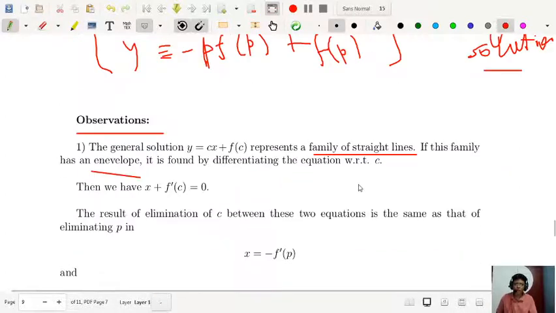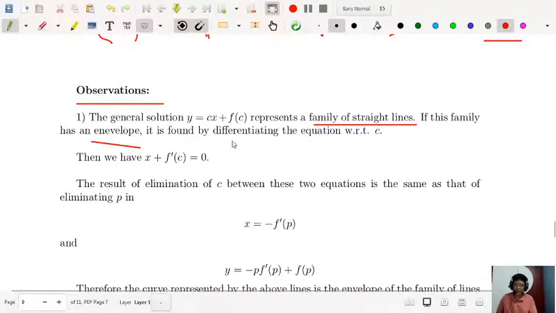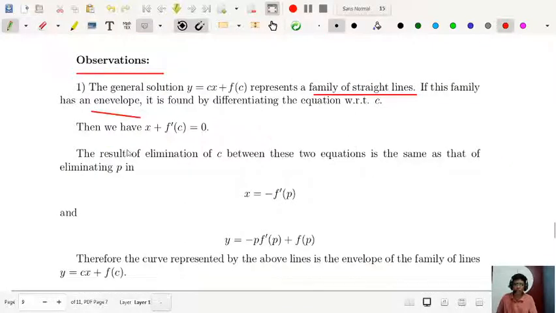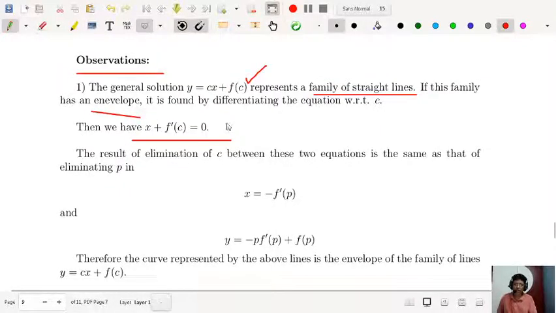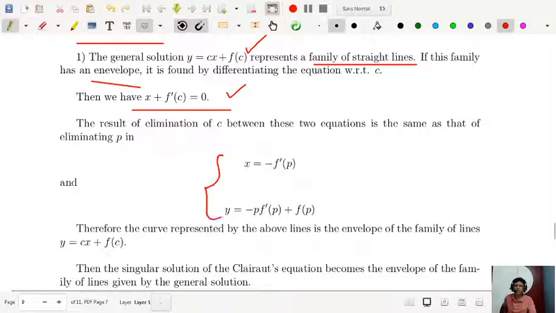So if this family has an envelope, it is found by differentiating the equation with respect to c. Then we have x plus f dash c. If you differentiate this equation, then you have the same equation, x plus f dash c equal to 0. The result of elimination of c between these two equations is the same as that of elimination of p in these two equations.